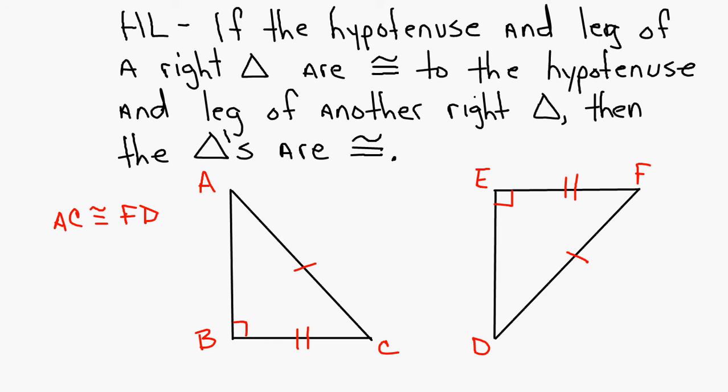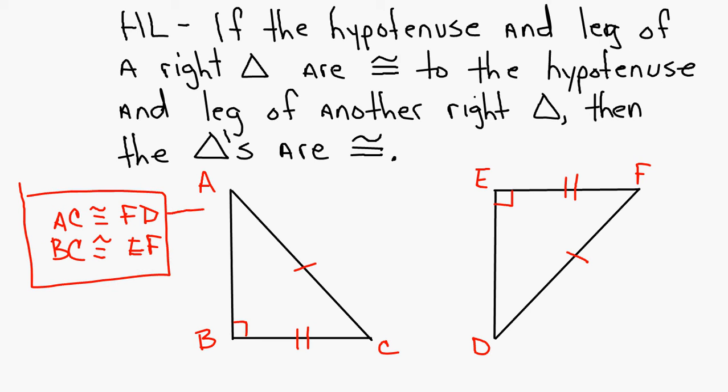Let's say that BC is congruent to EF. So can you use the hypotenuse leg theorem to prove these two triangles are congruent? Yes, you can, because you have a hypotenuse and a leg congruent to a hypotenuse and a leg, and if they ask you to explain, here's your explanation. Here's your hypotenuse that are congruent. Here's your legs that are congruent.